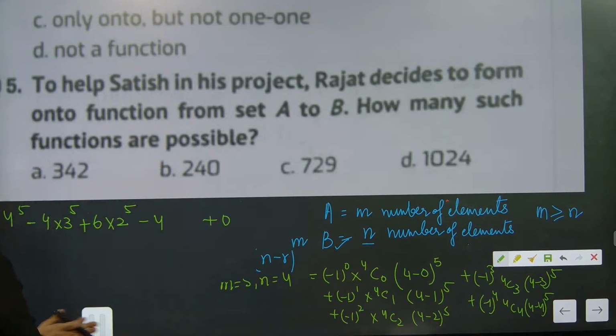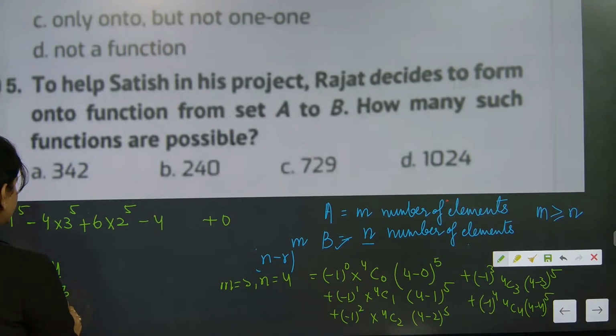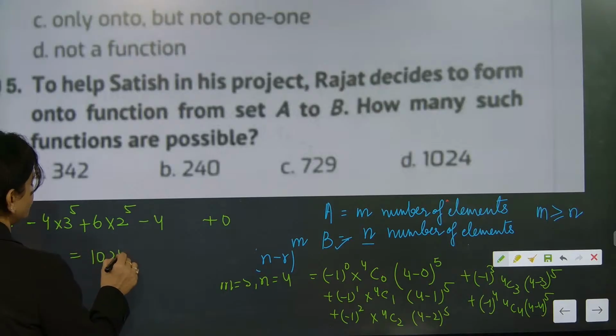Now you calculate: 4, 4, 16, 16, 16 how much? 256 into 4, so it is coming as 1024.